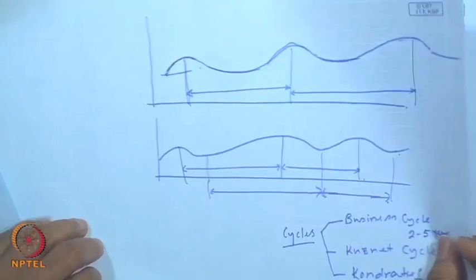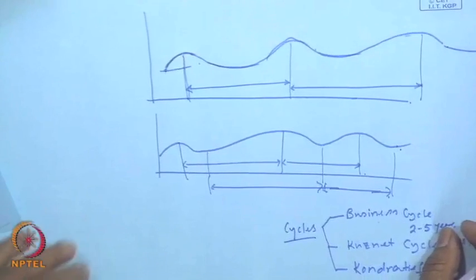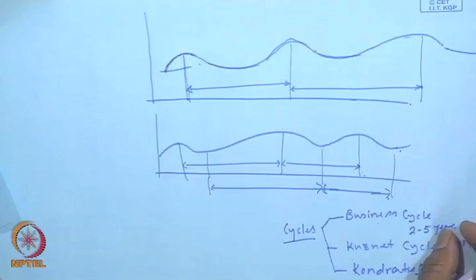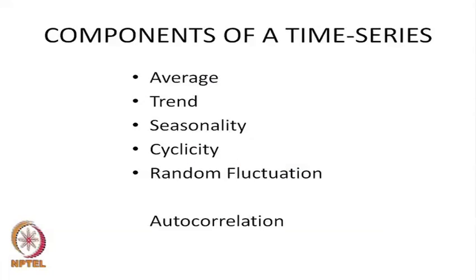Basically, we are trying to say that if we are concentrating on a particular variable whose future value we would like to estimate, then we can analyze the past values of that variable x. That x in our case is demand, and we can analyze the time series data of the value of x. It has 5 components: average, trend, seasonality, cyclicity and random fluctuation, as I have just told you.